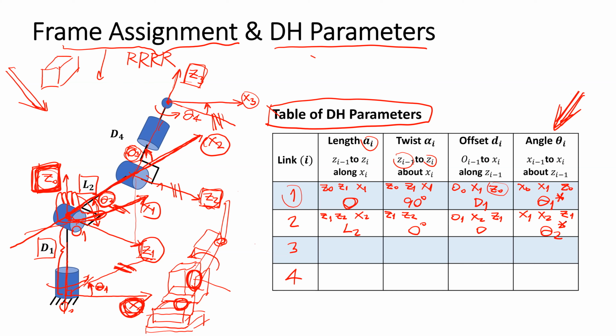The third link: the link length is the distance between C2 and C3 measured along x3. C3 is the axis of rotation of theta 4. It intersects with C2, so the length will be 0.